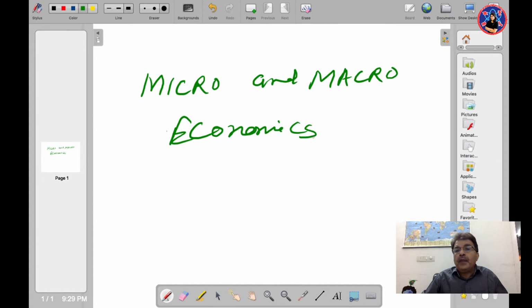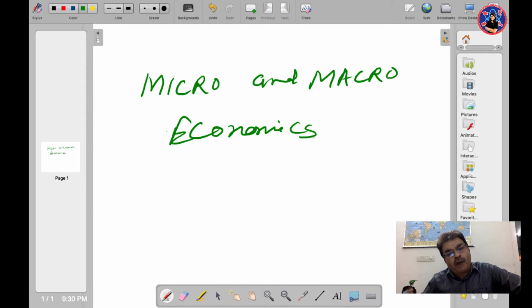Now how does macroeconomics depend upon microeconomics? Aggregate demand depends upon the demand of individuals. It means that aggregate demand relates to the demand of the individual consumers or individual producers. So that will make the overall aggregate demand. I'll give you the second example.